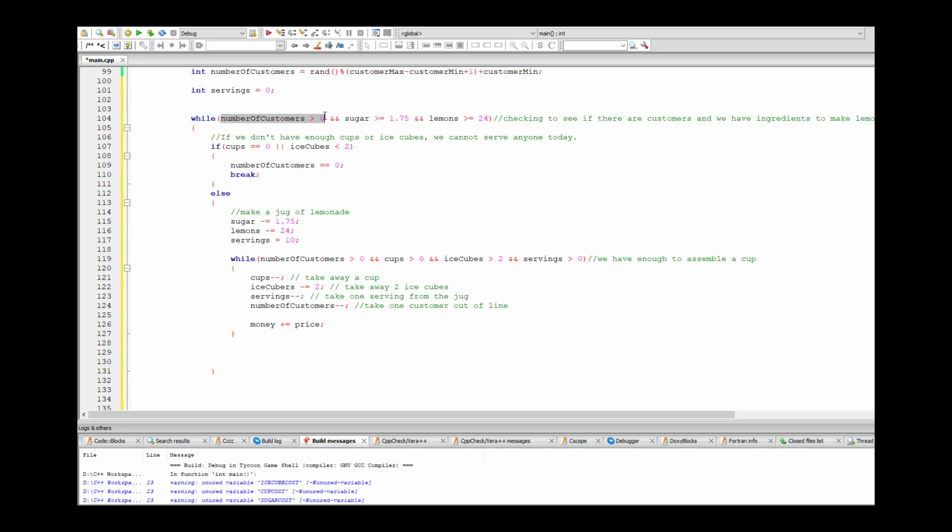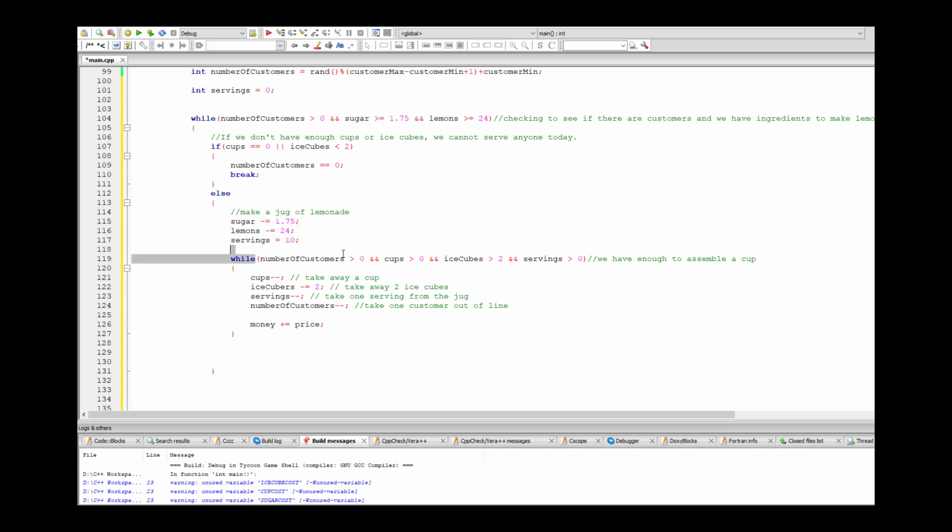So we're going to check, do we have customers? Yes, right? So we're assuming we ran out of servings. Check if we still have customers. Check if we still have enough sugar, enough lemons, right? This does not happen in this example. Then if we have enough stuff, then what we do is we make another 10 servings and we keep serving.